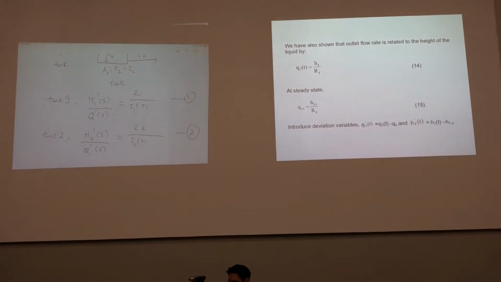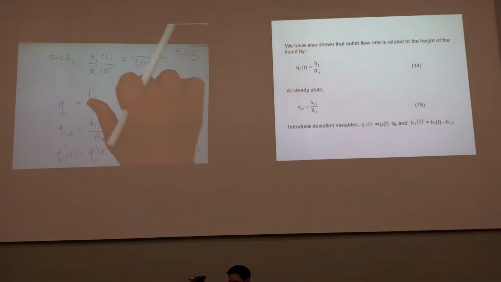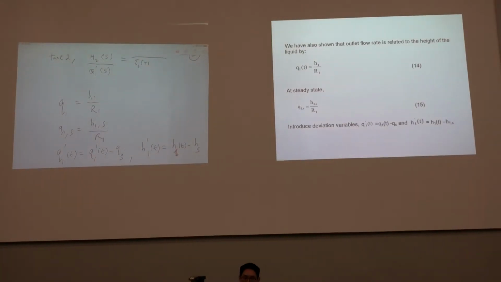If I wanted to eliminate this one, I go back to the original Q1 here. I know that this Q1 in between is actually the H divided by R. So I got this Q1 equal to H1 divided by R1.